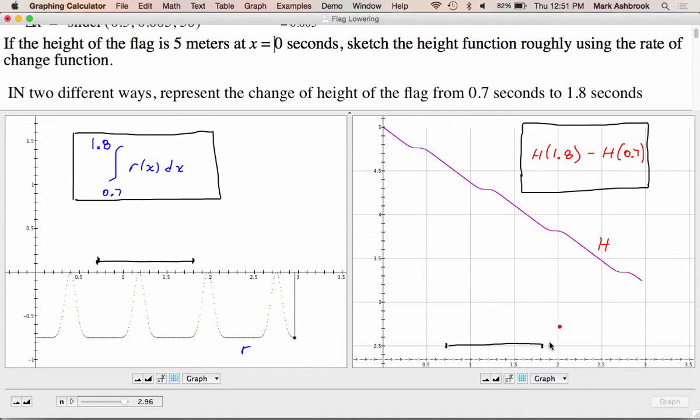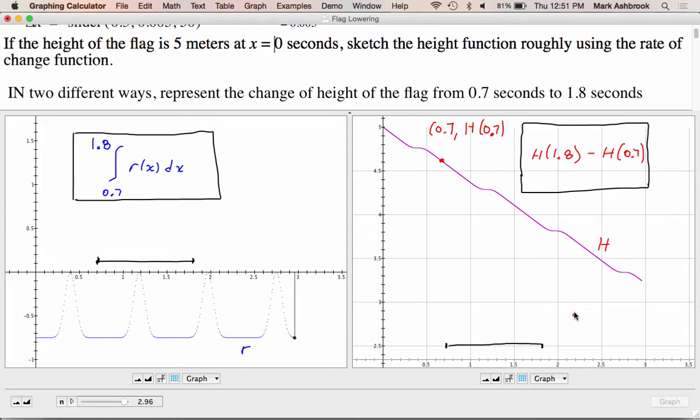Okay. We start by plotting the points. So what point am I going to plot? 0.7 and whatever that is, right? So this point represents 0.7 seconds and whatever the height is, h of 0.7.